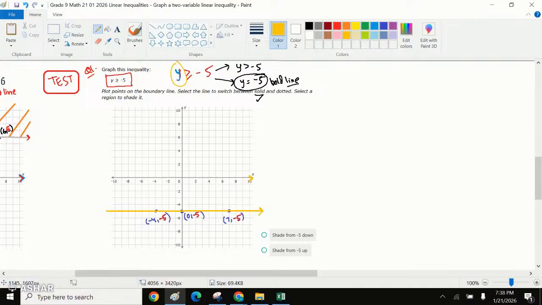It says y is greater than or equal to -5. Greater than -5 would mean, let's pick up two numbers. Is -4 greater than -5, or is -6 greater than -5? We just selected these two numbers across the line.